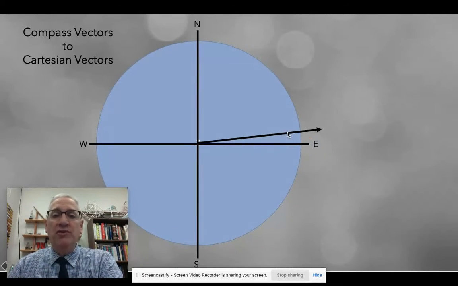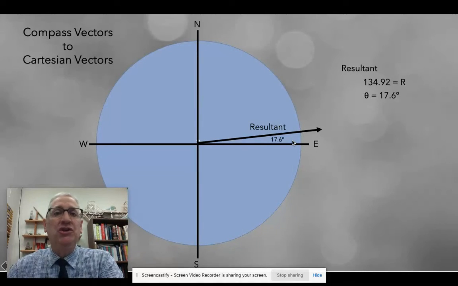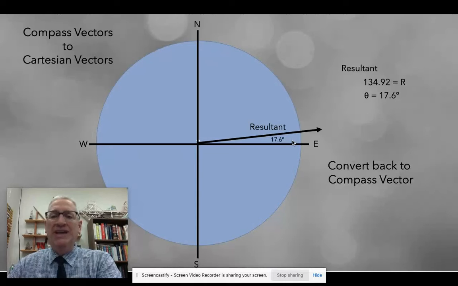So if we were to draw this resultant, and we were to say the resultant is 134.92 miles per hour, our degree is 17.6. It's actually a Cartesian coordinate value. So how in the world do we get that back to the compass value? Well, it's 17.6 from the x-axis right here.